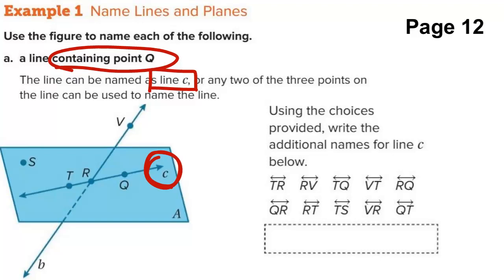Are those the only 3 points that are on line C? Those are just the only ones that we know the names of. So we're going to use those 3 points, and we're going to give other names to this line. But how many letters do I use to name a line? Just 2.